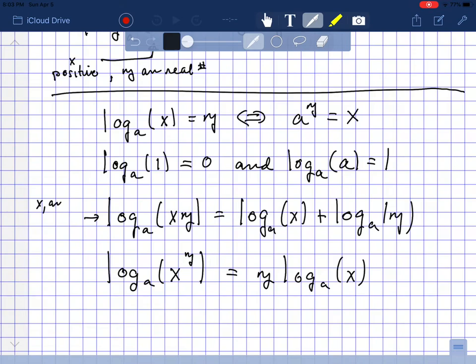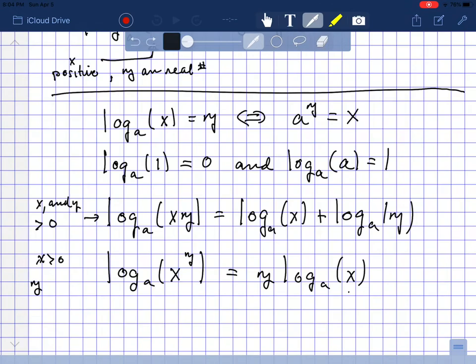All right, and again, let me remind you, in this identity, x and y have to be greater than 0. Otherwise, these logs on the right-hand side of our identity are undefined, because we can't take the log of a negative number. And here, x has to be positive because I'm taking the log of it again on the right-hand side, but y can be negative.